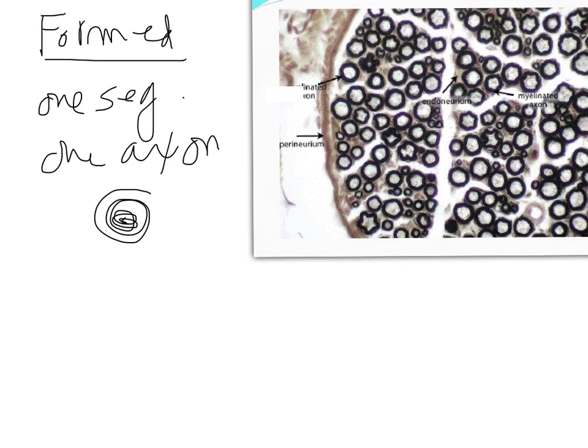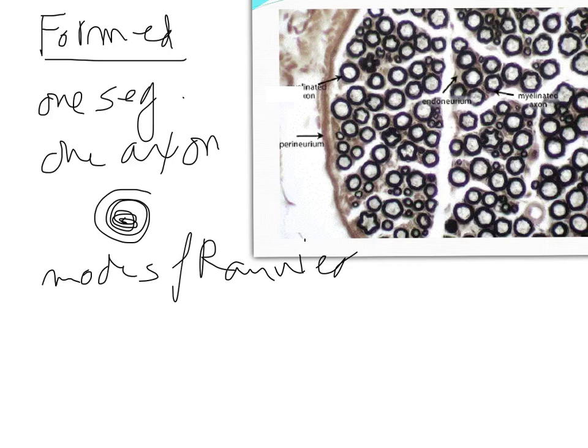So the myelin sheath is interrupted at the nodes of Ranvier. Why do we have these nodes? Because the Schwann cells, during formation of the myelin sheath in the peripheral nervous system, form several wraps around one segment of a single axon. So the segments are separated from each other, and each segment is formed by one Schwann cell.